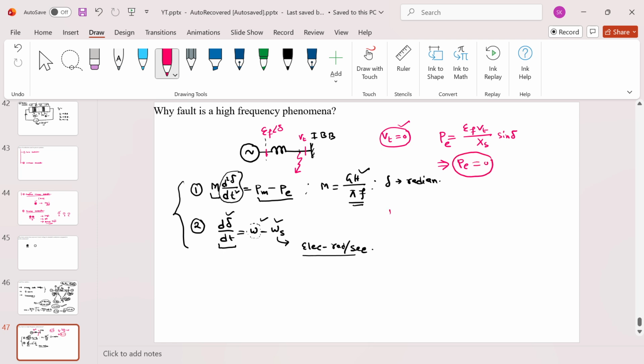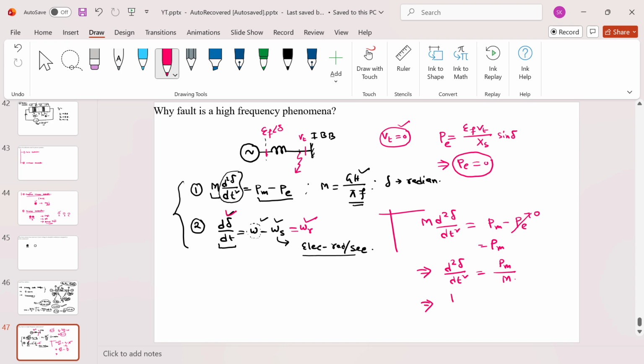From the swing equation, you can write M d2 delta by dt square equals Pm minus Pe. This term simply vanishes to 0, and you have Pm. So d2 delta by dt square equals Pm by M. Now calculate d delta by dt, the relative velocity, which we can call omega r, or d delta by dt.